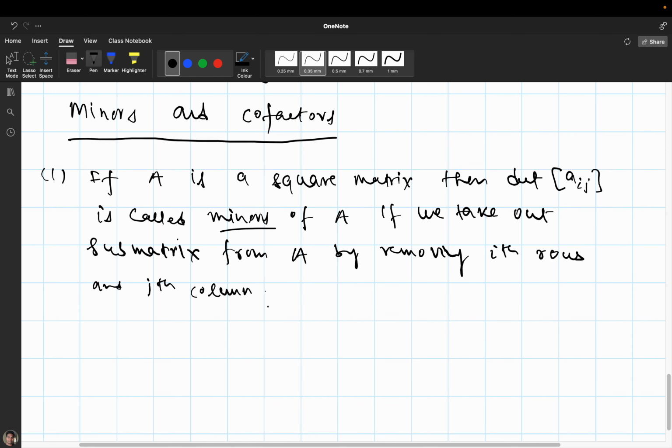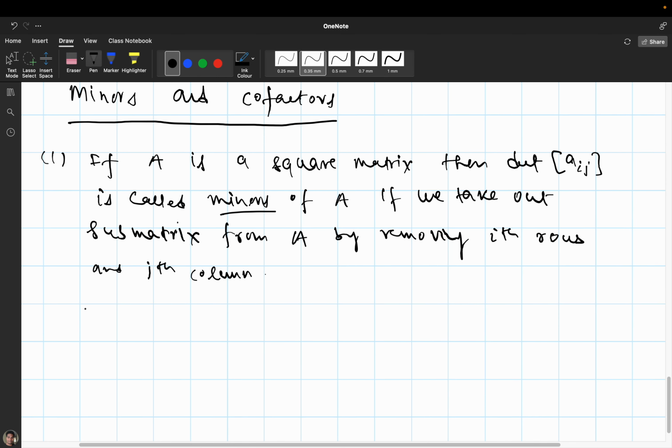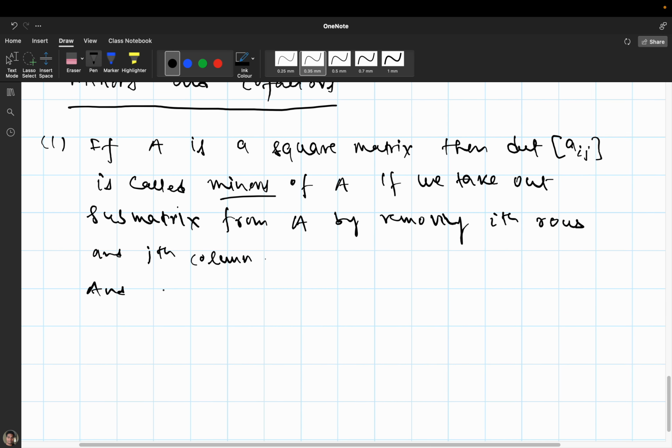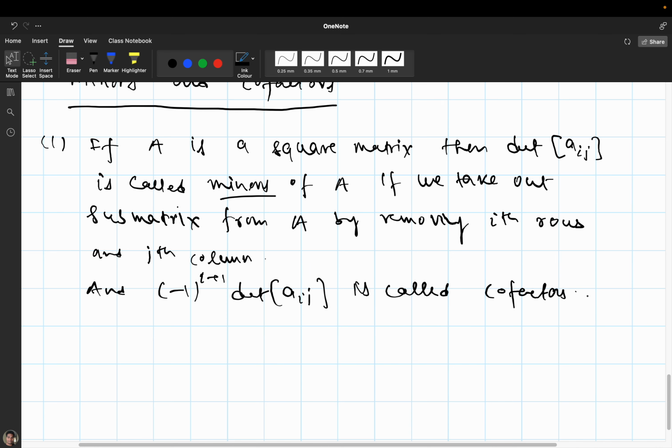Now, minus 1 raised to the power i plus j times the determinant of Aij is called what? Cofactors.